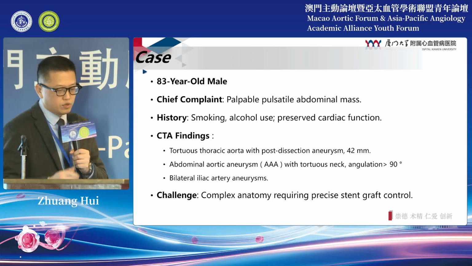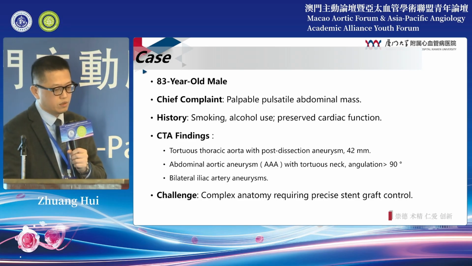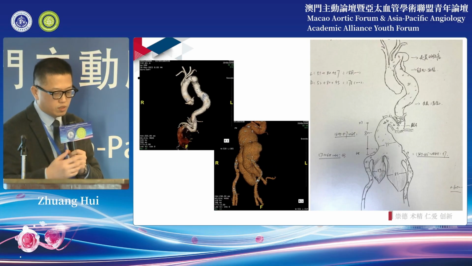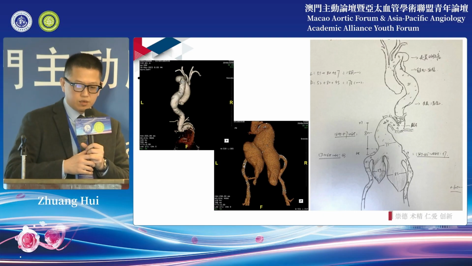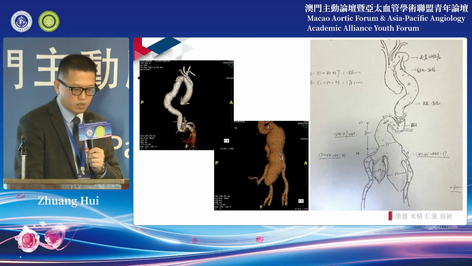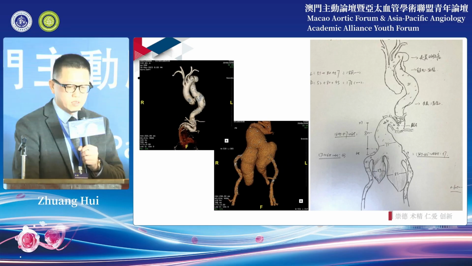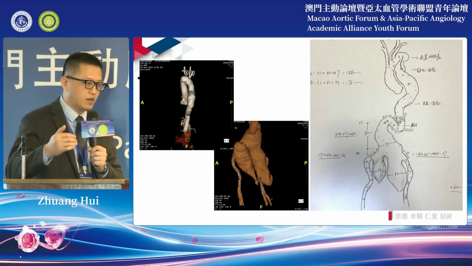And I will show this case of an 83-year-old male, who presented with an abdominal mass, with a history of smoking and alcohol use, and we see this image. It was like a disaster, because you will see the descending aorta and this aortic arch, and it's hard to manipulate the stiff guidewire in there.